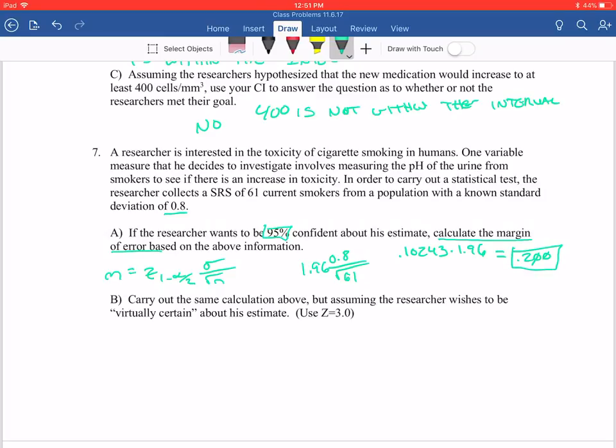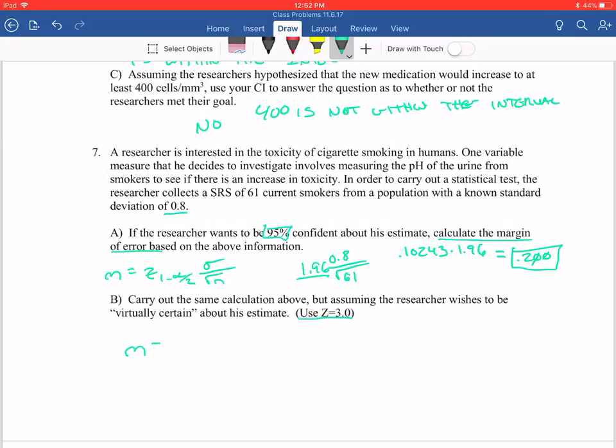Carry out the same calculation above, but assume the researcher wishes to be virtually certain about his estimate, so we're going to use a z-score of 3. Remember, if we go 3 standard deviations out from the mean, plus or minus, you would encompass 99.7% due to our 68, 95, 99.7 rule. So now we're going to use a z of 3, instead of the 1.96 we used above, with the same equation.